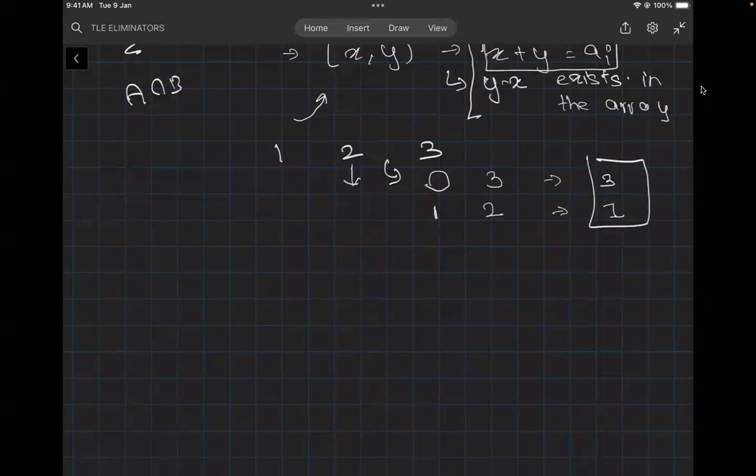Now let's take 2. We can take 0, 2. We can take 1, 1. What is y minus x? 2. What is y minus x? 0.